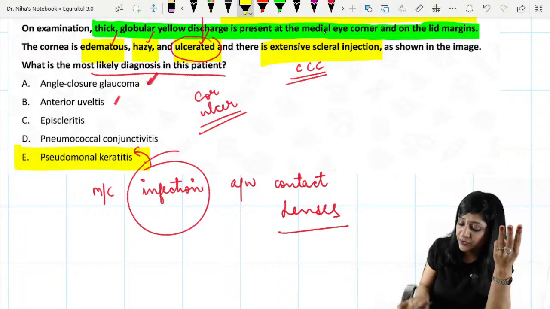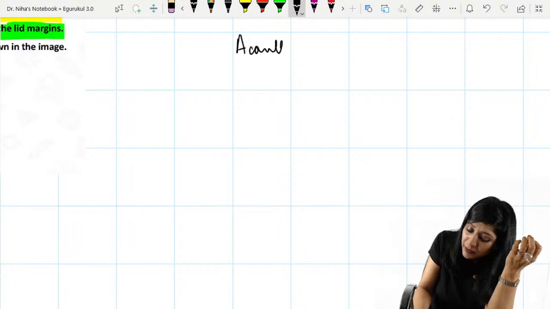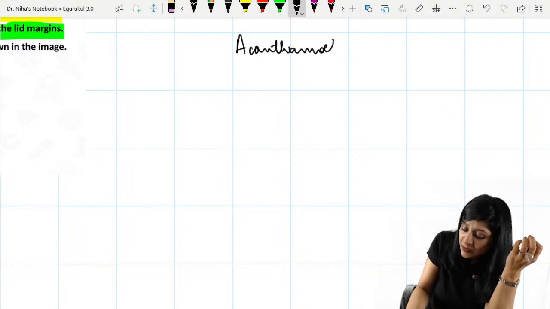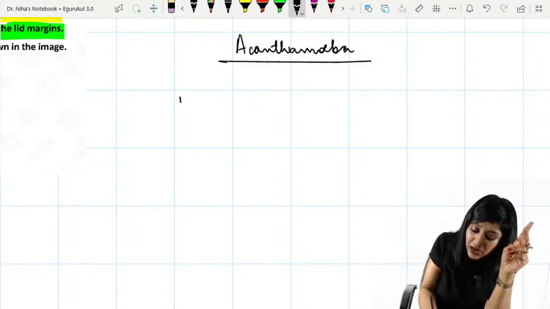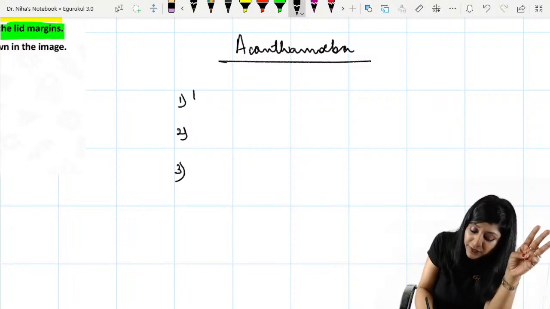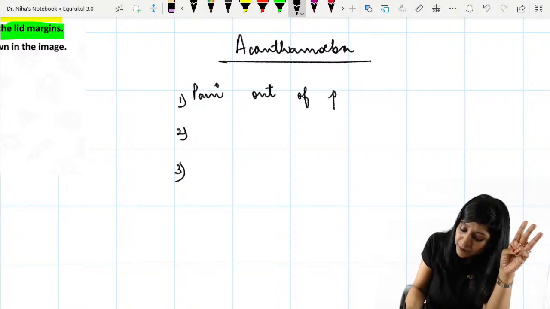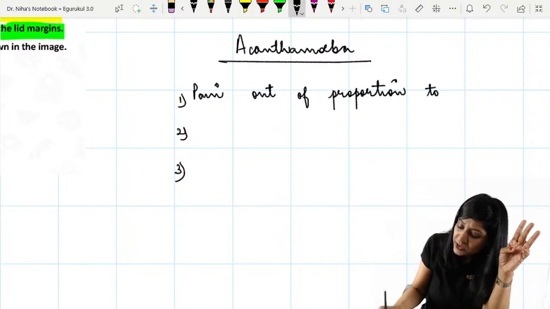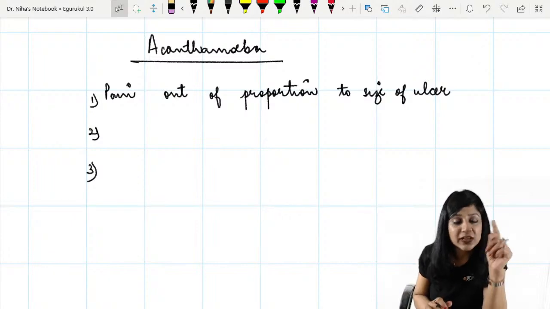have certain important features. What are the important features for acanthamoeba? First of all, you should have contact lens use, but after that, at least 3 important things. You will have pain which is out of proportion to the size of the ulcer.